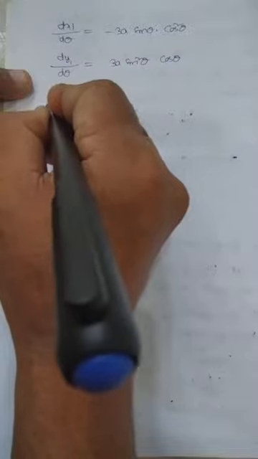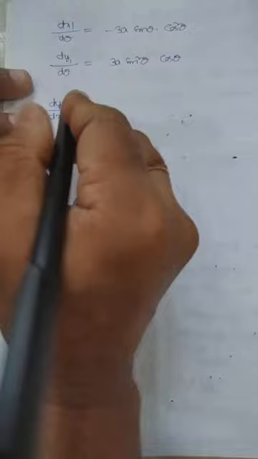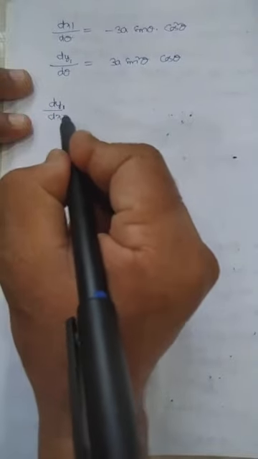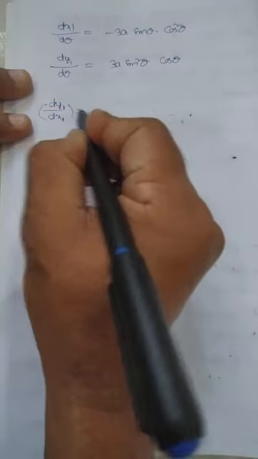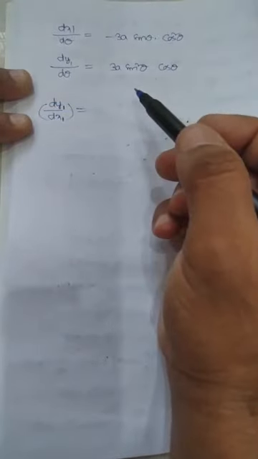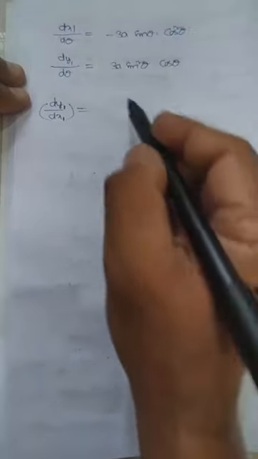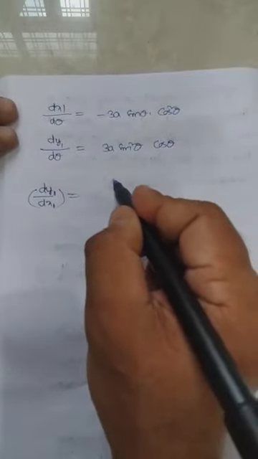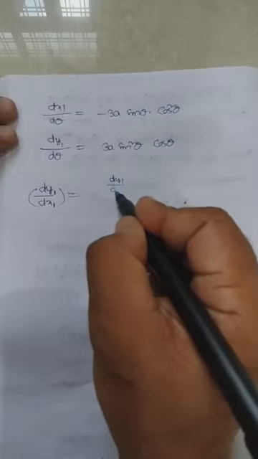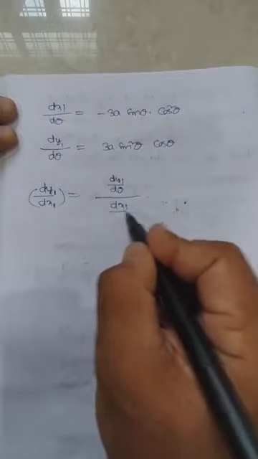You know that I have to find dy by dx. Here I need to find dy1 by dx1. To find this, you have to take the ratio of these two: dy1 by d theta divided by dx1 by d theta.